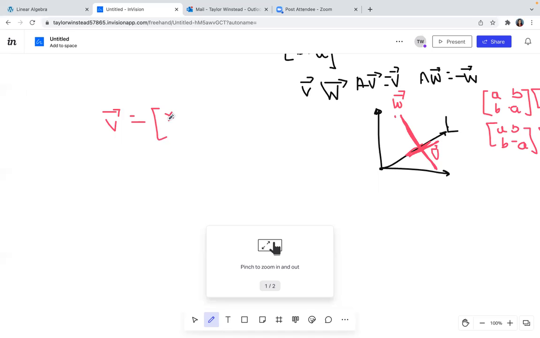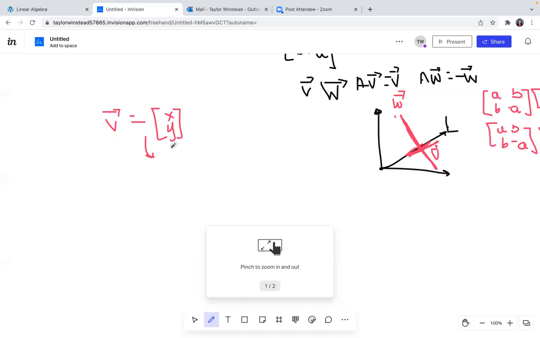It's equal to X, Y. But we also know something else. We know that A times vector V is vector V. So we know that this X is going to be equal to the output, right? It's going to be equal to what we get once we put X into the equation AX, right? And we know the same is true for Y.